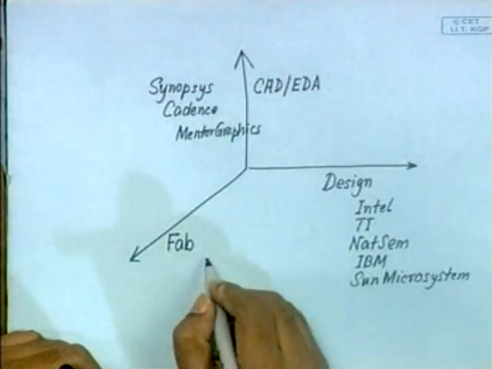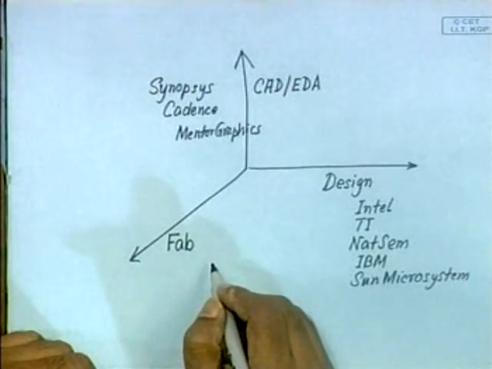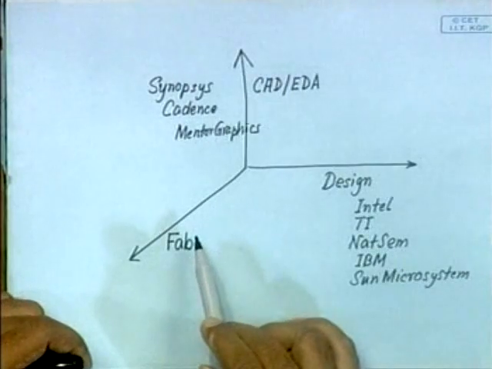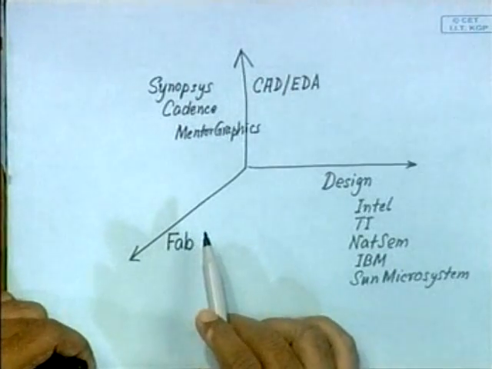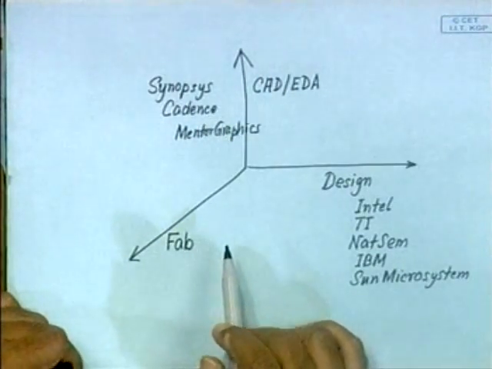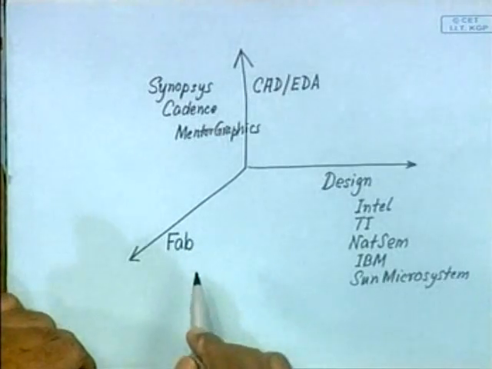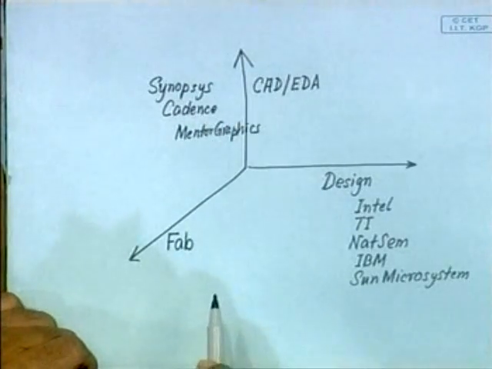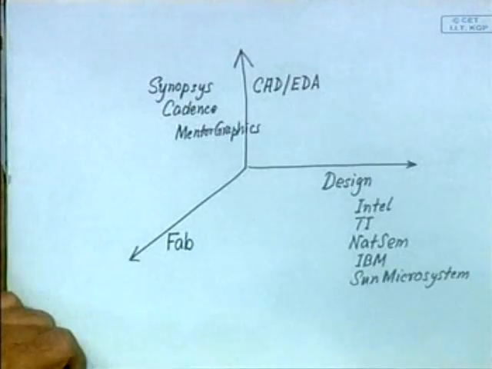And then you have the fab companies, the companies which actually take the designs and produce the silicon. So they own the fab machines, the machines which fabricate these chips. Now previously many of the design companies used to own their own fabs. But increasingly, the fab is becoming very costly and very sophisticated because of the shrinking geometry of the transistors.